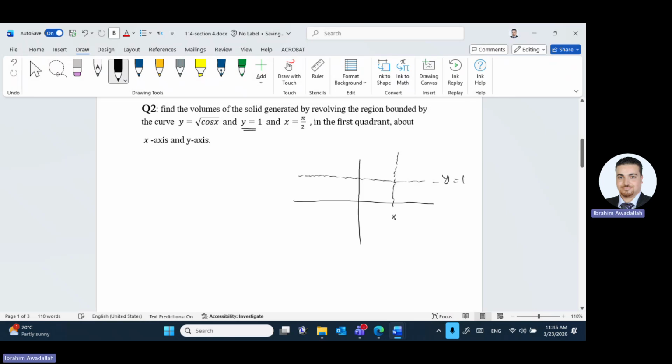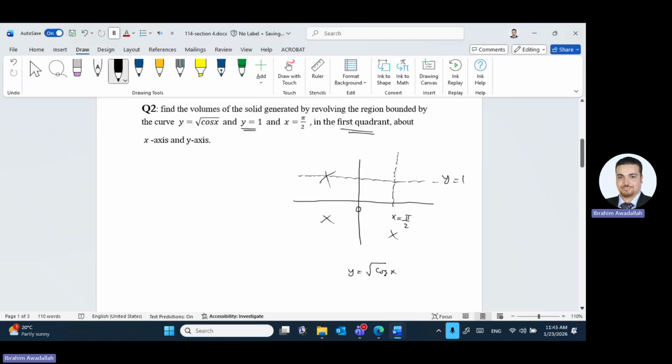Let me say this is x equal pi over 2. In the first quadrant, that means I don't care about anything here and here and here. So only here, y equal the root of cosine x. So my interval clear since it's in the first quadrant from 0 to pi over 2.